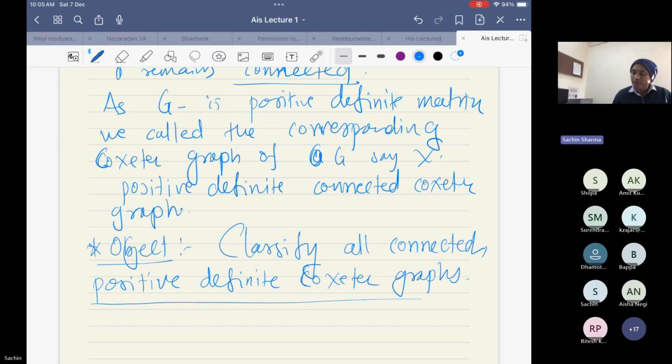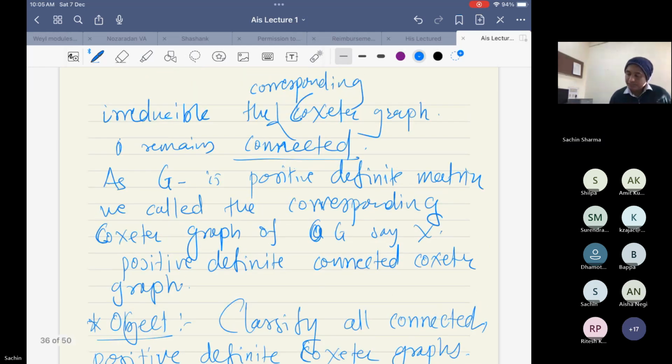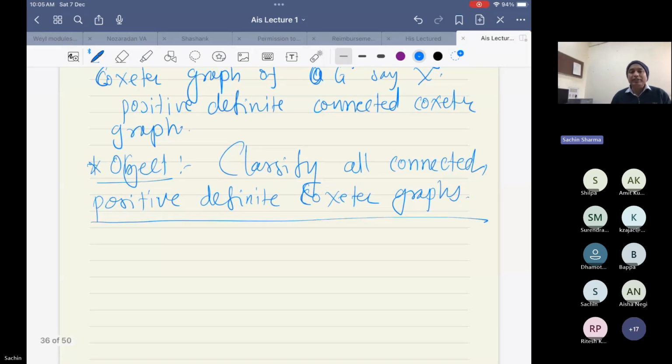So this is our main object today, which will eventually settle the graphs related to these things, called the Dynkin diagrams. We'll come to that.